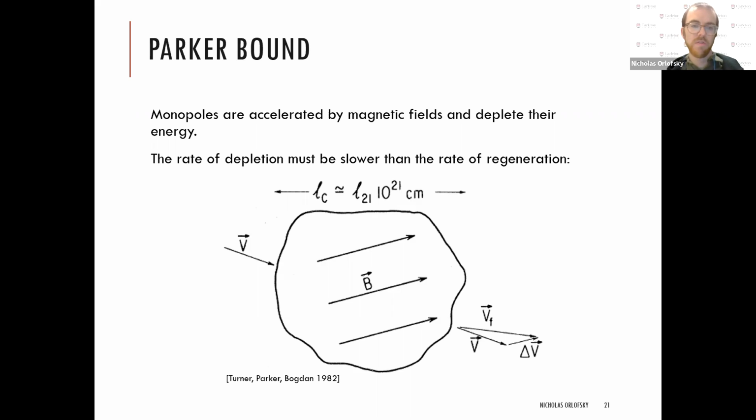Of course, we observe large-scale magnetic fields in the Milky Way, and so we can set a bound on the flux of monopoles that are passing through this region by demanding that those regions are not depleted.